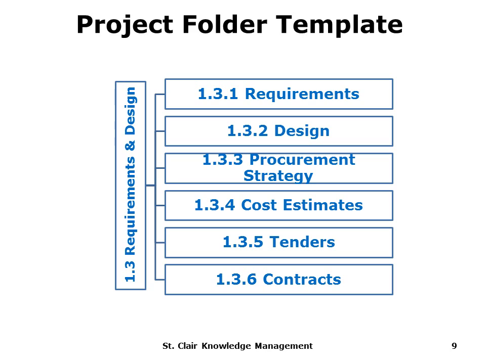Within requirements, which is 1.3.1, you may break that down into subfolders. It really depends on the size and the complexity of your project. And it's worth saying that if you're not going out to tender, then you may not need a folder for that.